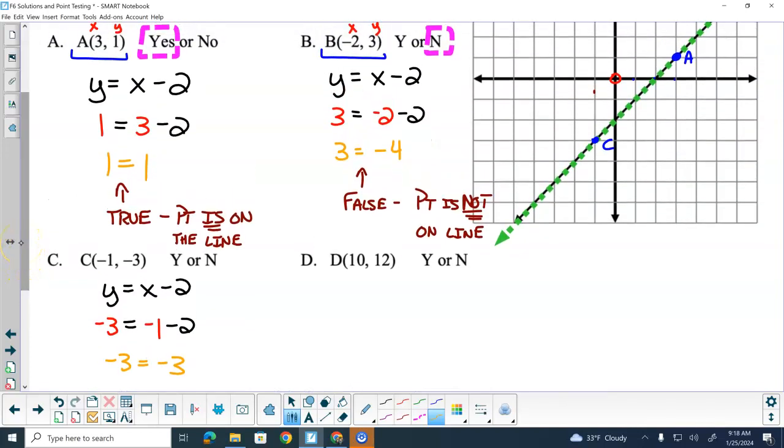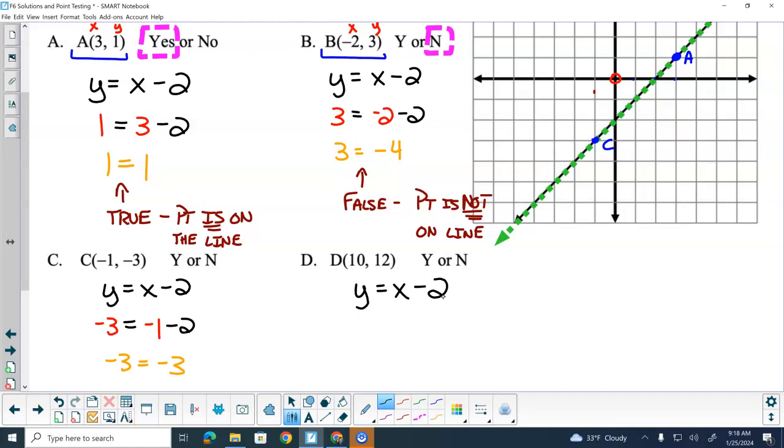Okay. What about point D? So point D we can't plot because it's way off of our graph, but is it on the line? That's my question. Yay or nay? You tell me. You try point D algebraically. Plug your x in to y equals x minus 2. Plug your y in there. You tell me on the line, off the line.